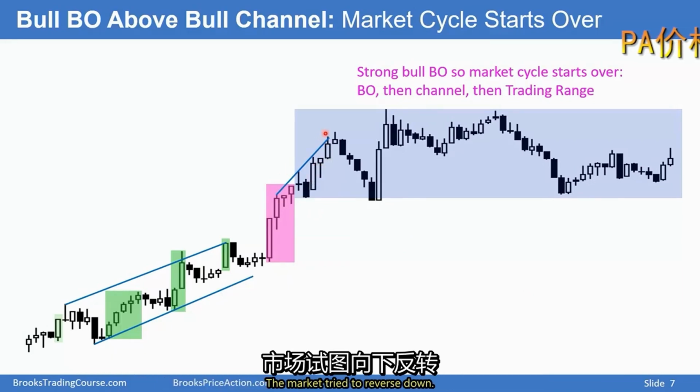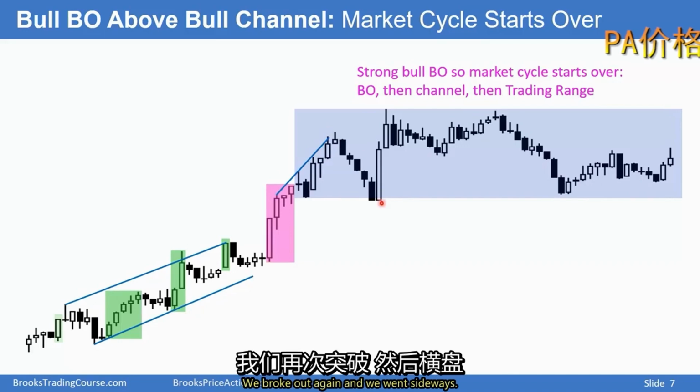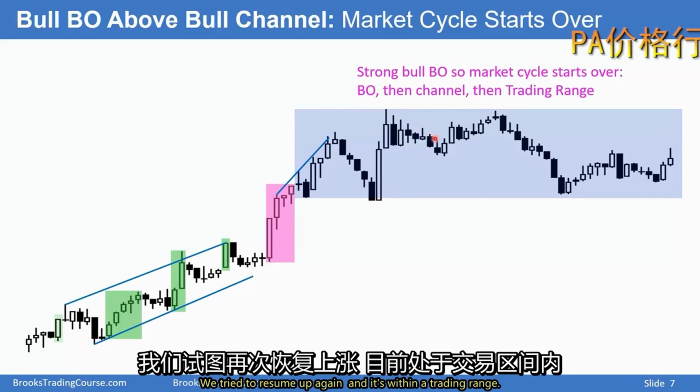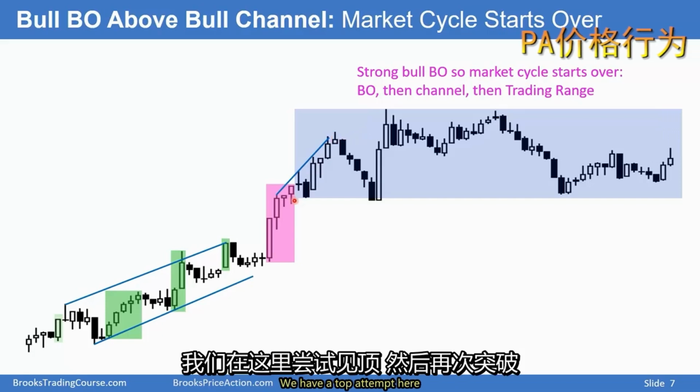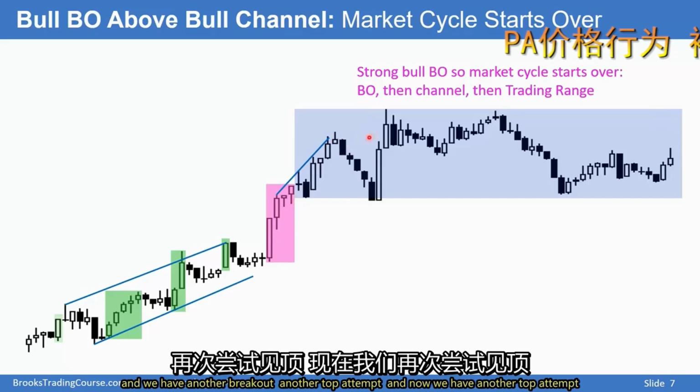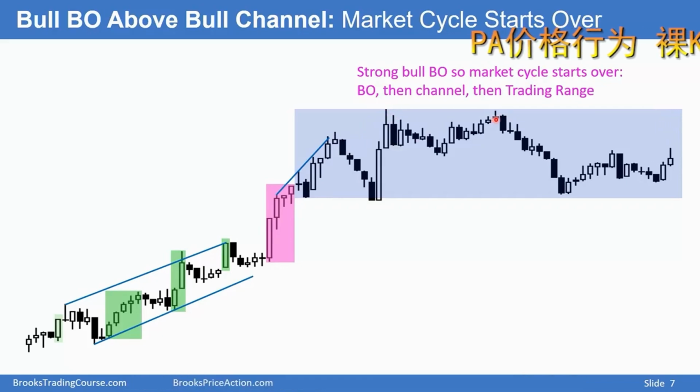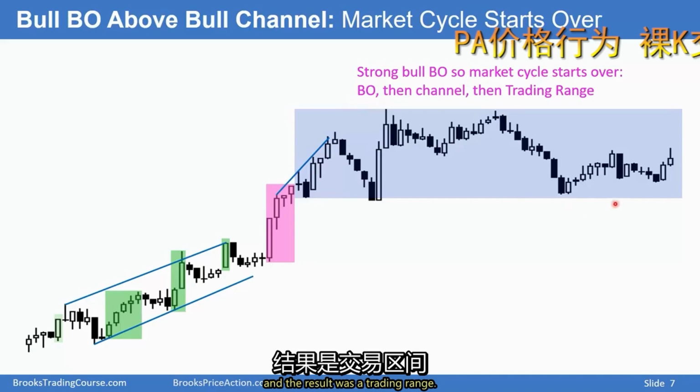This is a parabolic wedge top. The market tried to reverse down. We broke out again and we went sideways. We tried to resume up again and it's within a trading range. This is consecutive tops. We have a top attempt here and we have another breakout, another top attempt, and now we have another top attempt, and the result was a trading range.